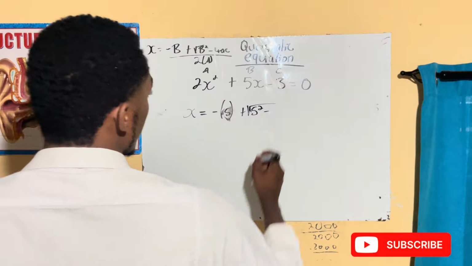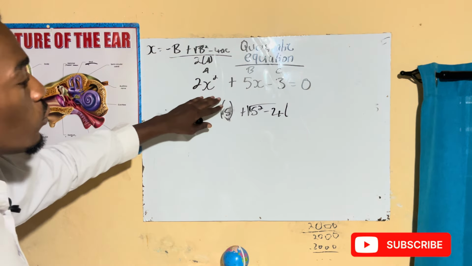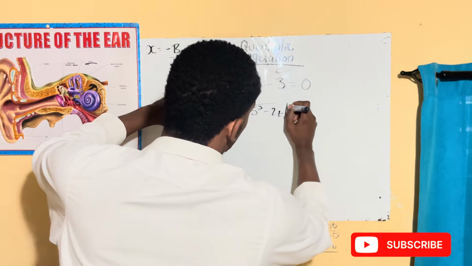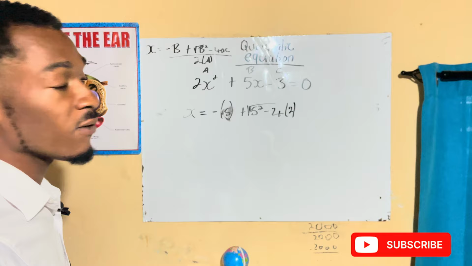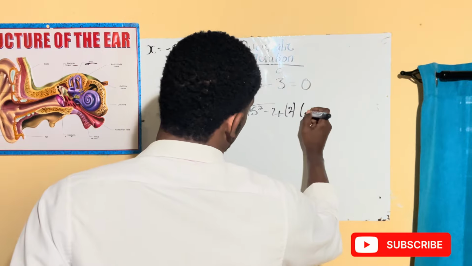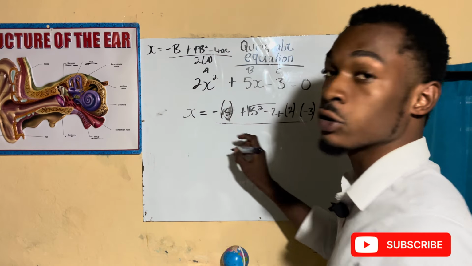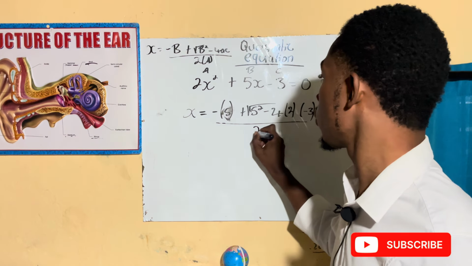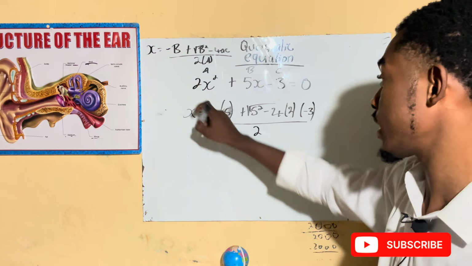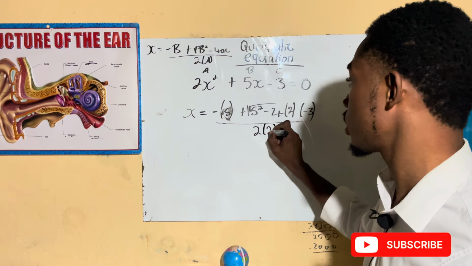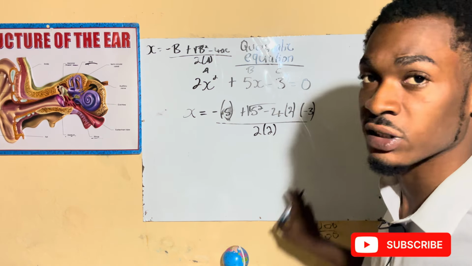So I write 4, bracket a, and a is 2x squared, so we put 2, close the bracket, and c is negative 3, so we put bracket negative 3 and close. Now all of this is over 2a, and a is 2, so 2 bracket 2. Just like the formula, we implement all the numbers.